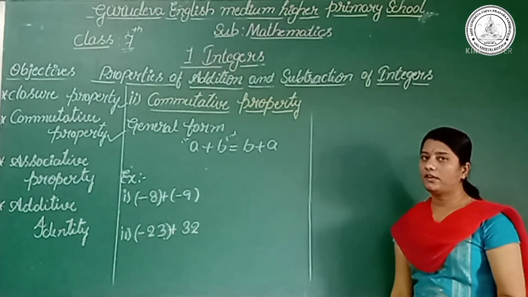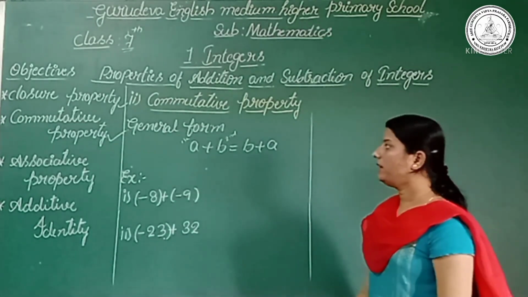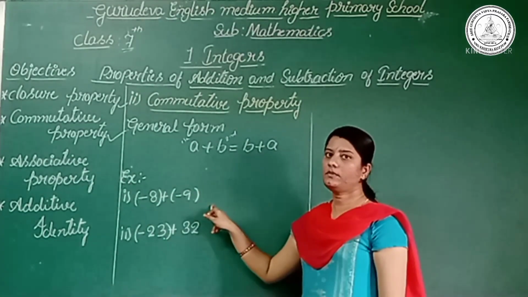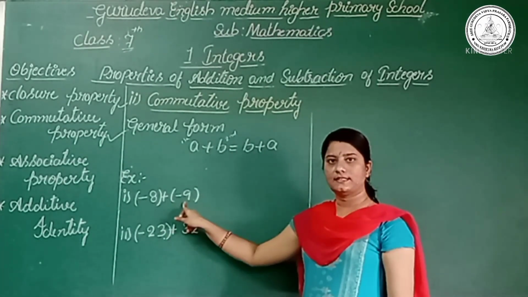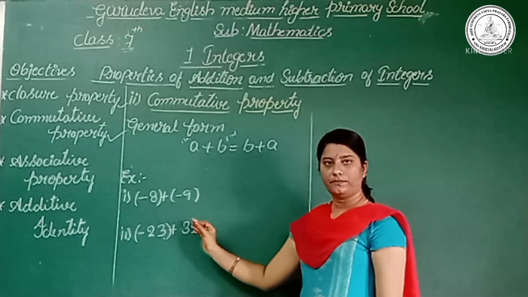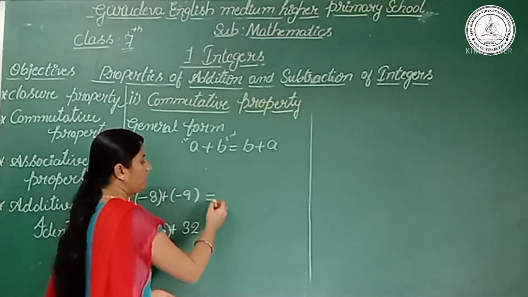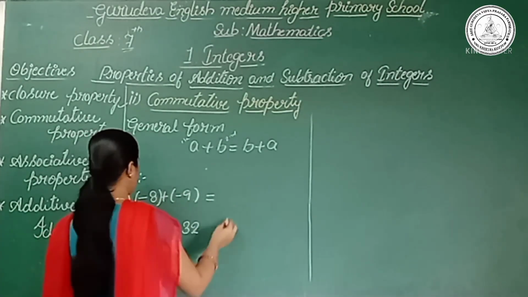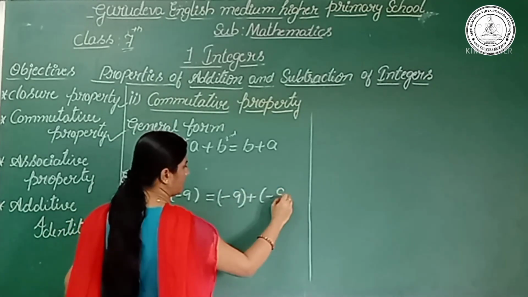So let's see whether it holds good, or is satisfied, for the integers or not. Here I have taken one example, minus 8 plus minus 9. Here minus 8 is in the first order and minus 9 is in the second order. If I change the order of the integers, may I get the same sum or not? So minus 8 plus of minus 9 is equal to minus 9 plus of minus 8.